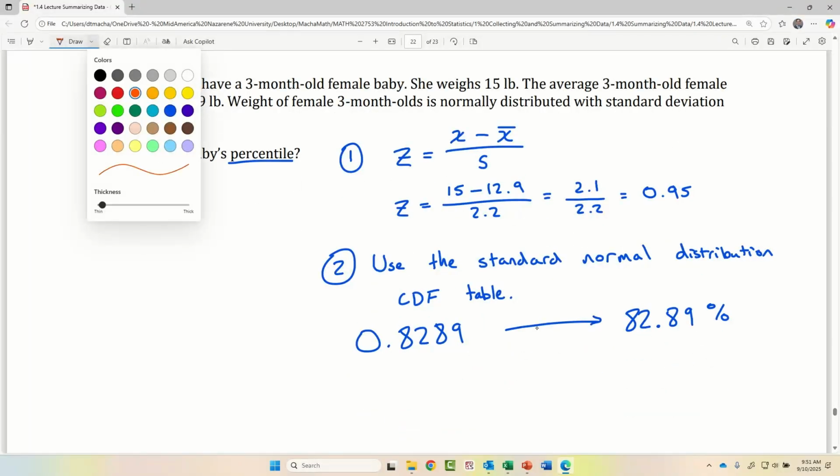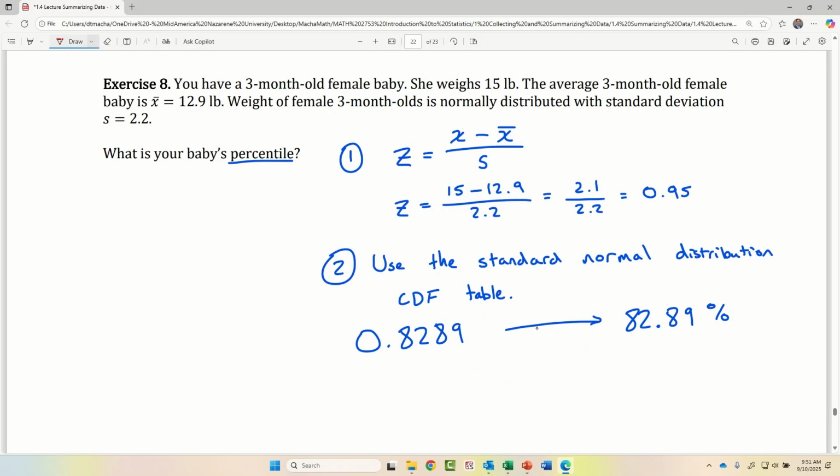What if you have a second baby, and at 3 months old, this second baby girl has a weight of 11 pounds? This is a new problem. Then we calculate the z-score, because we want to know the percentile of this new baby. It would be 11 minus the mean, divided by the standard deviation.